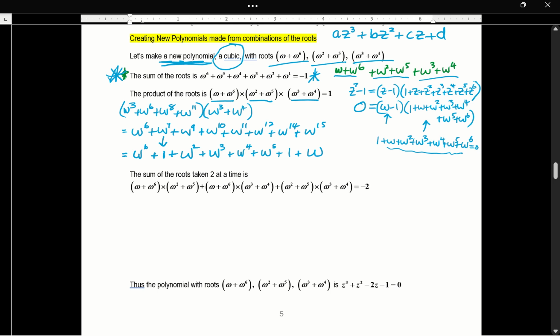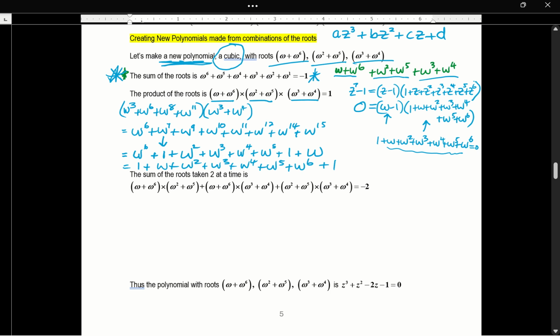So you can see that altogether here I've got 1 plus w plus w squared plus w cubed plus w^4 plus w^5. I've got all that, plus w^6, plus I've got another 1.